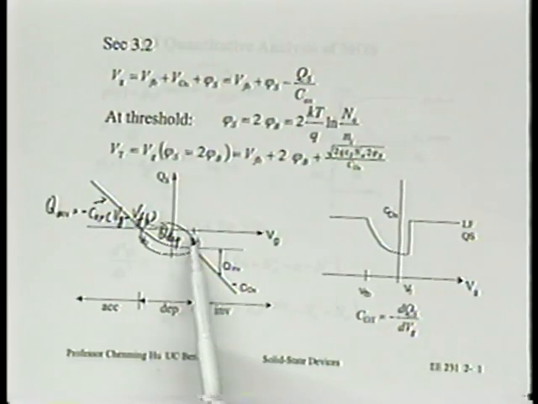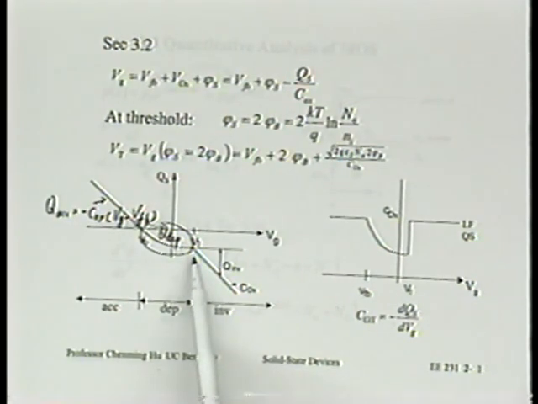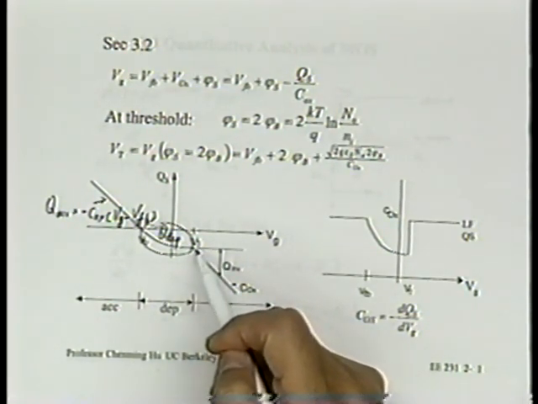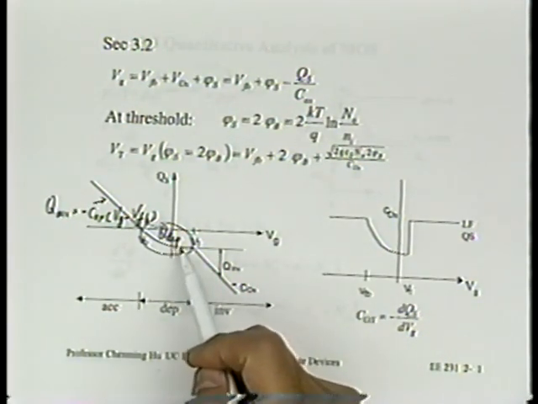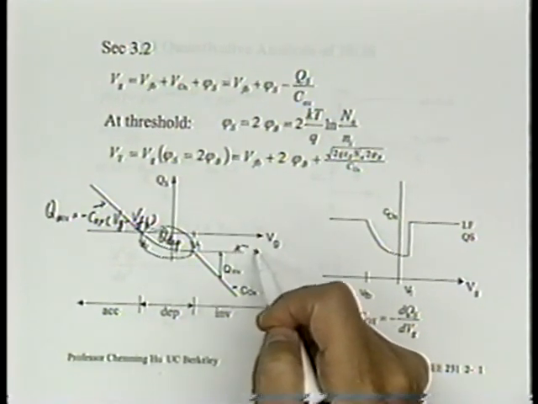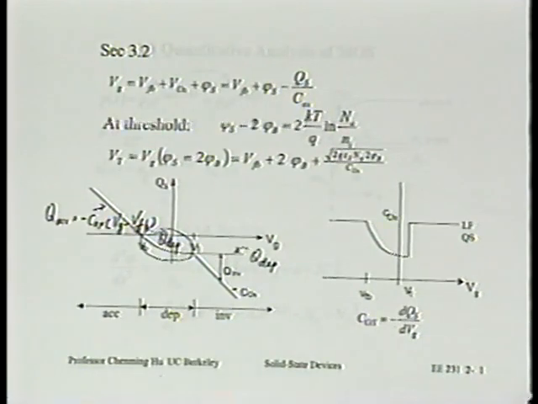When Vg equals Vt, we reach the point phi s equal to 2 phi b. At that point, or beyond that point, xd doesn't increase anymore. Xd saturates at xd max, and therefore the depletion charge also saturates. The depletion charge does not increase anymore because the depletion region width does not widen anymore.